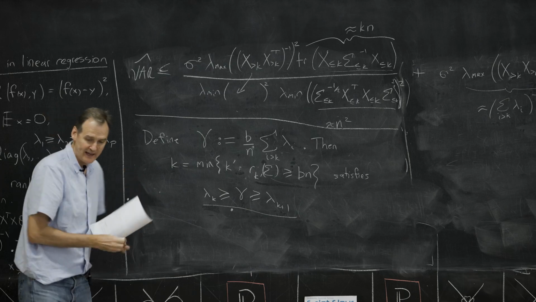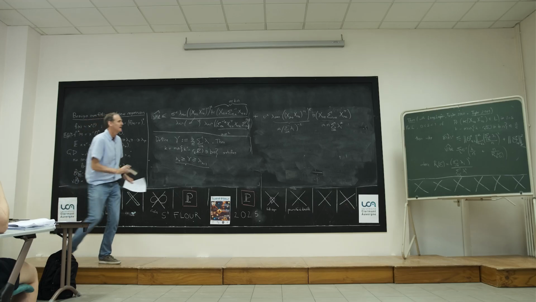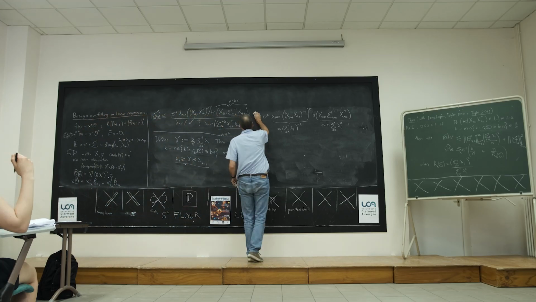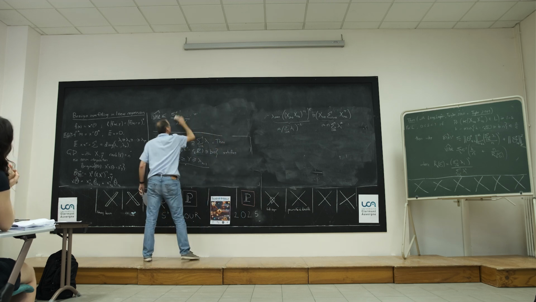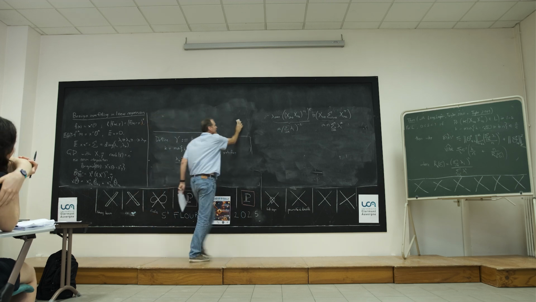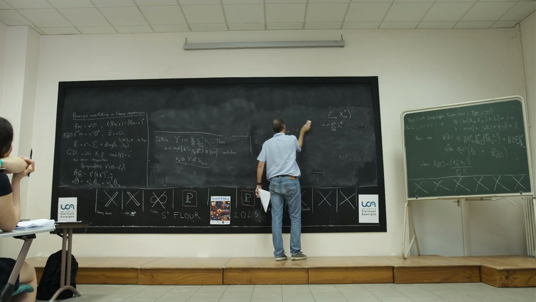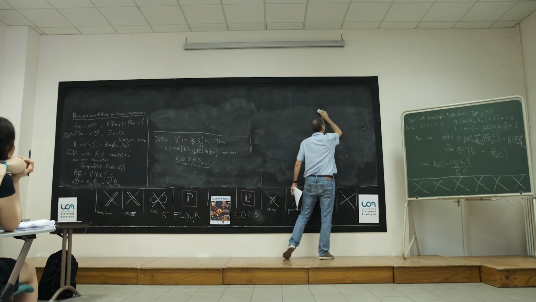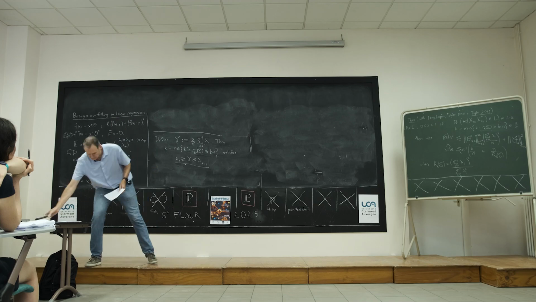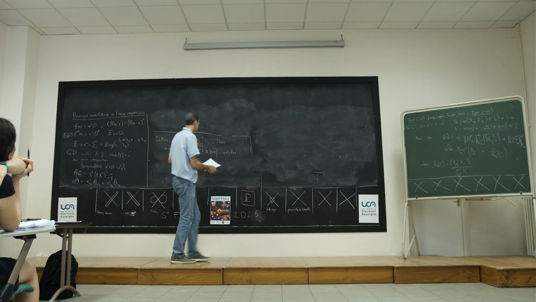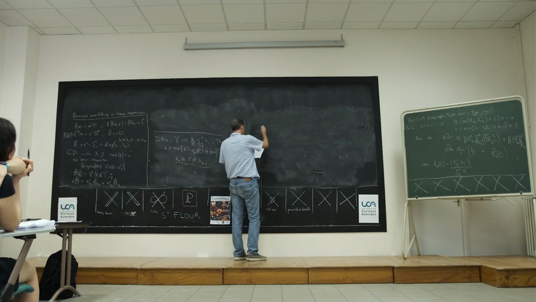And then we can go ahead and rewrite these expressions in terms of gamma and all the eigenvalues. And we get something that looks just like a ridge regression kind of result, right?